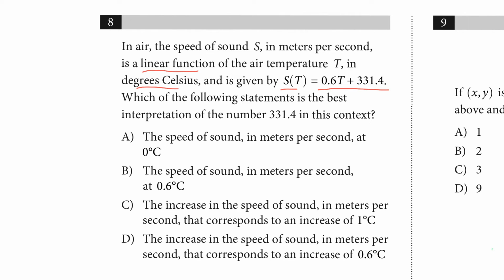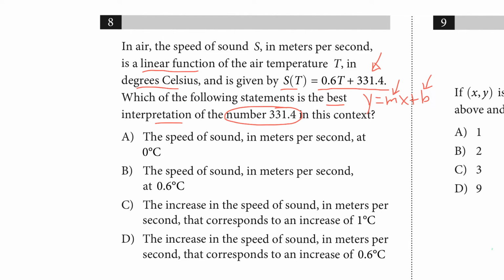So since we're talking about a linear function, think of y is equal to mx plus b, where m is the slope and b is the y-intercept. So what are they asking? Which of the following statements is the best interpretation of the number 331.4 in this context? Well, 331.4 right here represents the y-intercept, b.